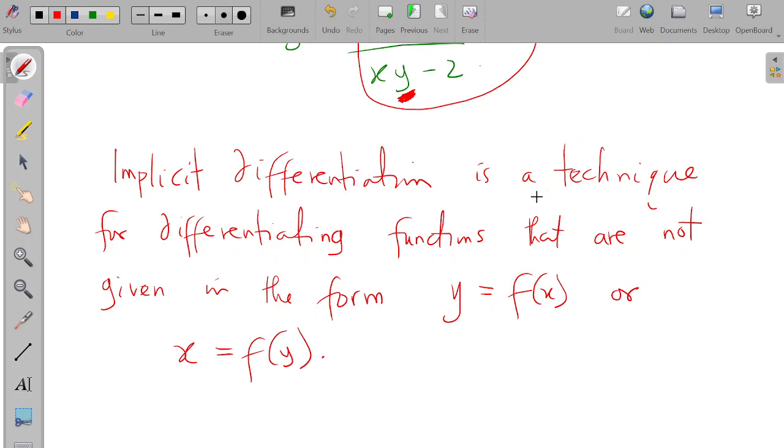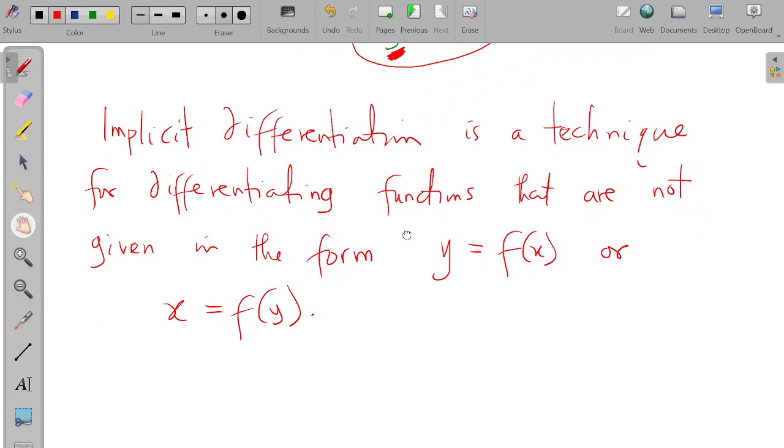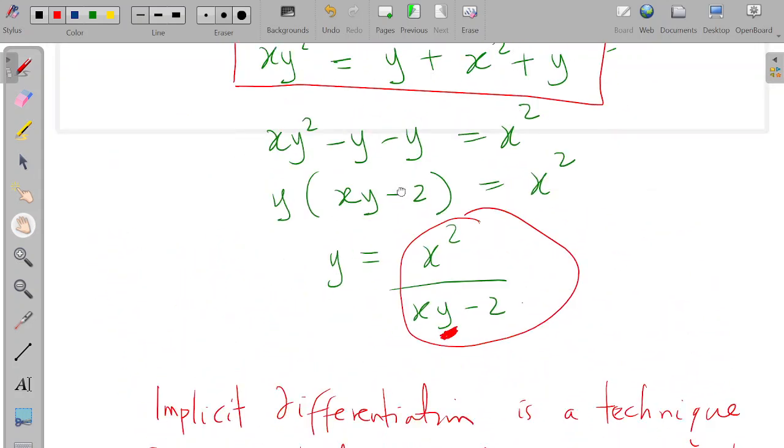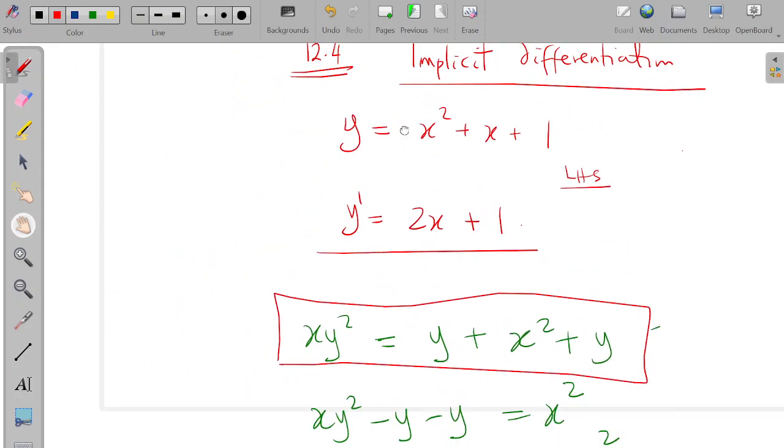So if you are not given in this form, we use implicit differentiation to do such derivatives. So with that understanding, let's go into what we mean by implicit differentiation and how we do it.